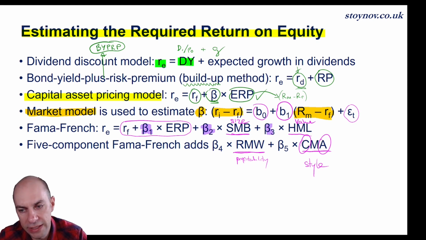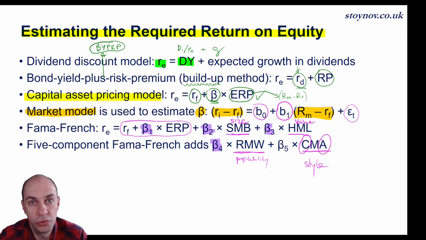Then the sensitivity in front of the value factor indicates, obviously, if that is positive, that you have value tilt. So the company may have low multiples. Yeah, it's an undervalued stock. Then a positive beta in front of the RMW factor would indicate that I've got a profitability tilt.